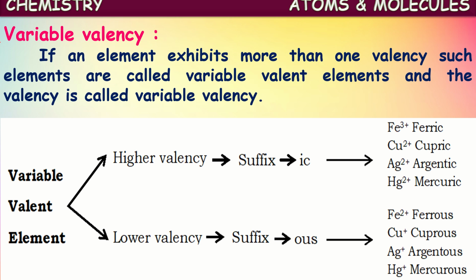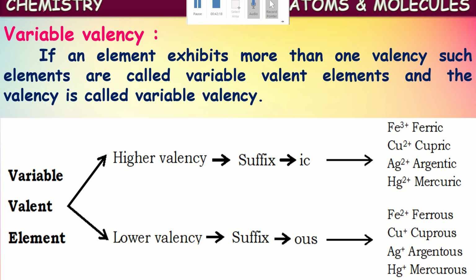The combining capacity of those elements is different, depending on what number of atoms are available in the surroundings and take part in the bond formation. In such cases they possess variable valency. Okay. Variable valency means they exhibit more than one valency.